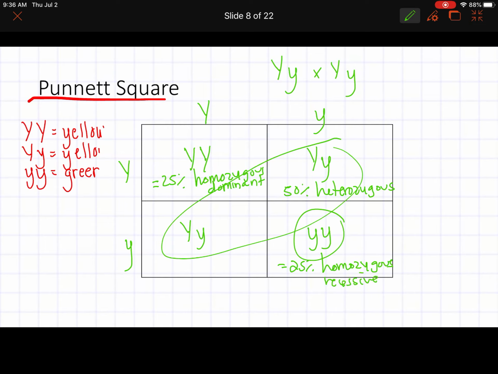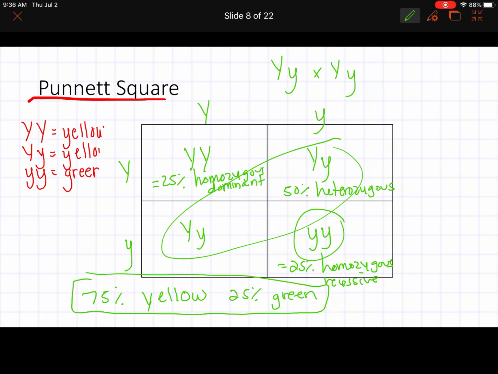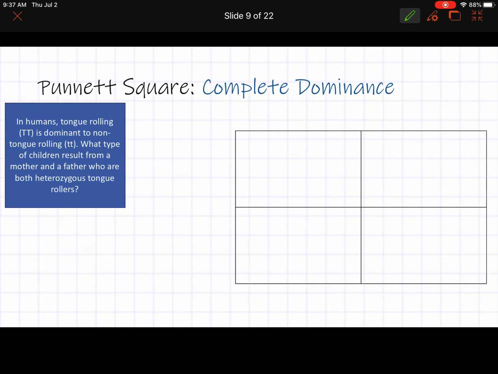For our phenotypes, we had a 75% chance of yellow and a 25% chance of green. So these are the phenotypes, what you see. Genotypes are the alleles you receive. So this is called complete dominance.